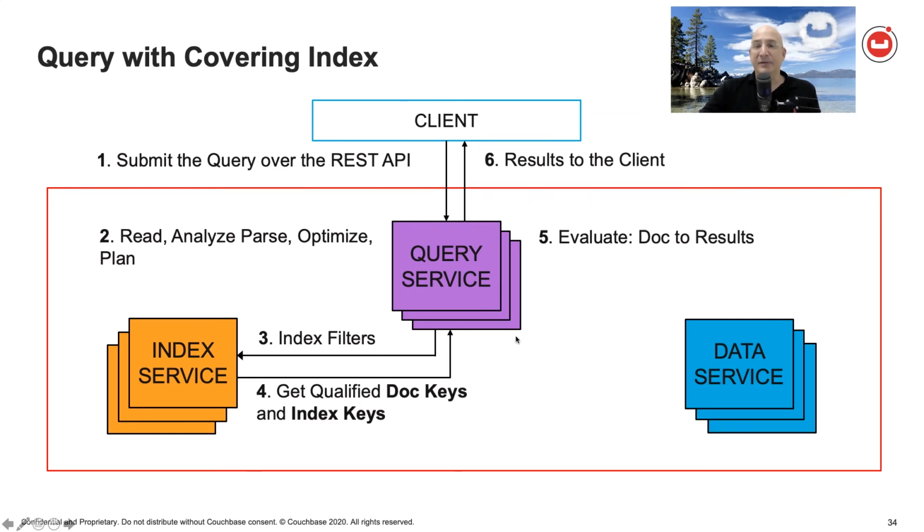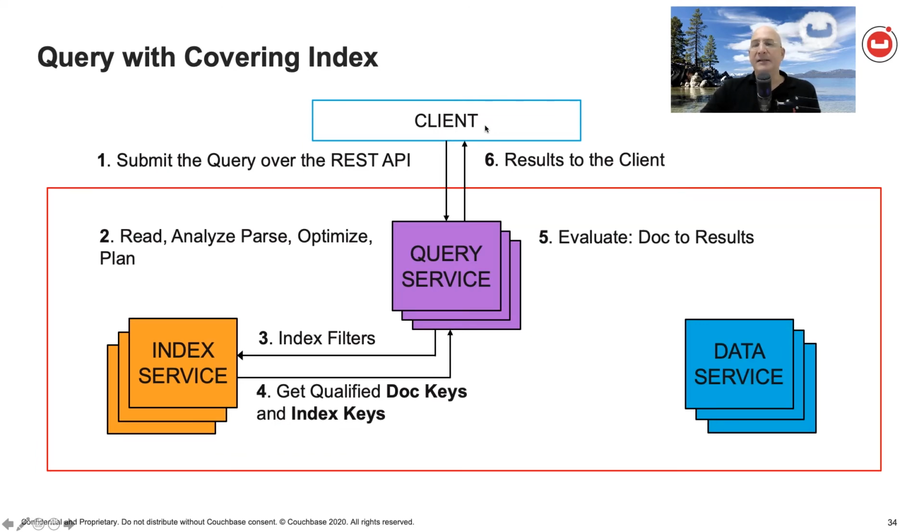And since the query service got all the information it needs from the index service, it doesn't call the data service. It just performs the final aggregations and sorting and other operations and prepares the result set and submits it to the client. It's obvious why covering indexes deliver better performance. They don't need to do extra calls to the data service.